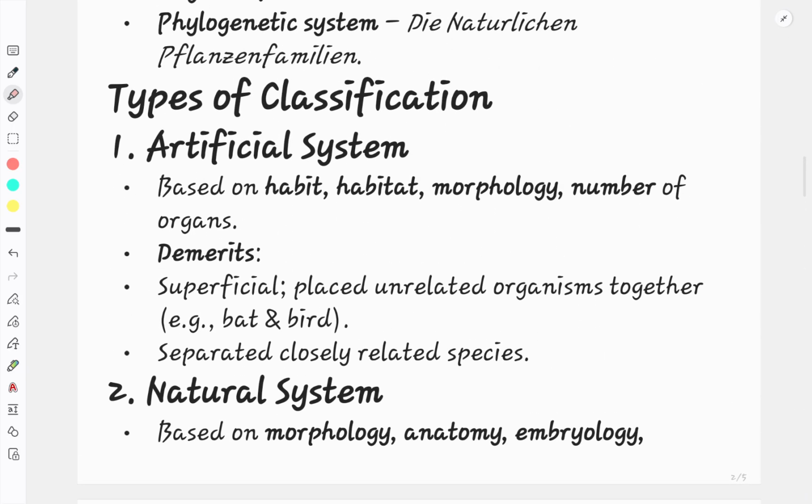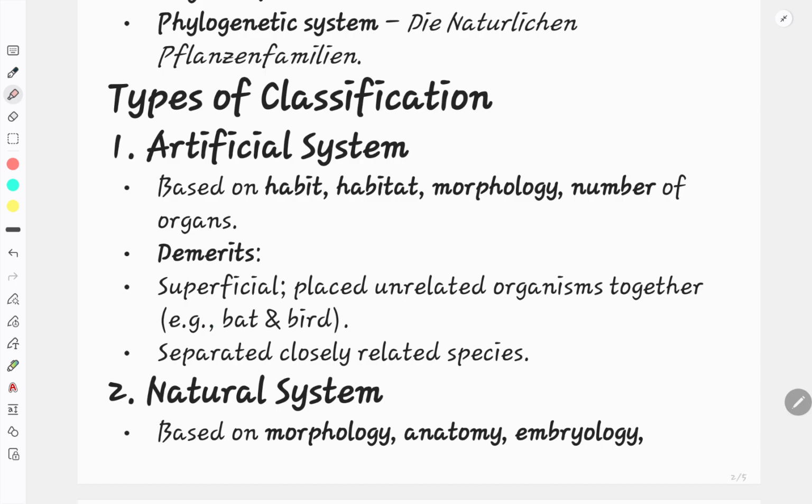In artificial classification, organisms are classified based on habit, habitat, morphology, and number of organs. The demerit is that it is superficial. It places unrelated organisms together, like bats and birds, because they can fly, so they were classified as birds, but they are not actually birds, they are mammals.